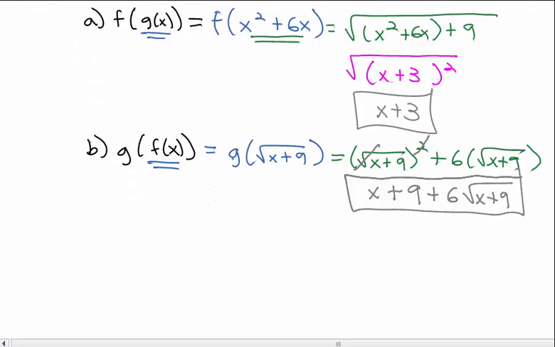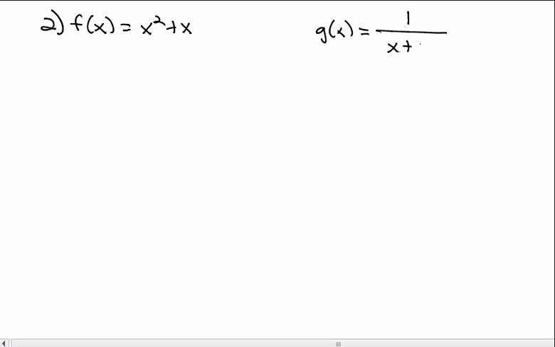Let's do another example. How about f of x equals x squared plus x, and g of x equals 1 over x plus 3. And we're going to find first f of g of x, then we'll go back and find g of f of x.